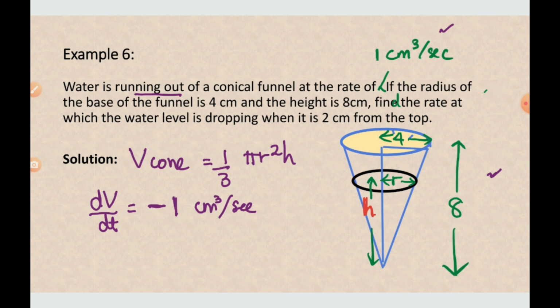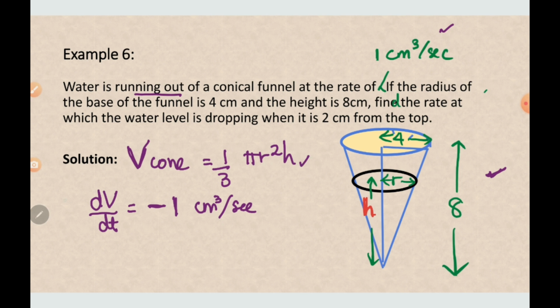So, to solve the question, firstly you need to draw the diagram for a cone. Secondly, you need to know what is the formula for the cone. The volume for a cone is given as 1/3 pi r squared h.